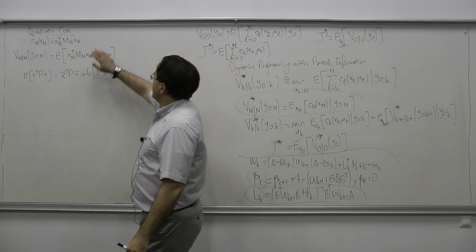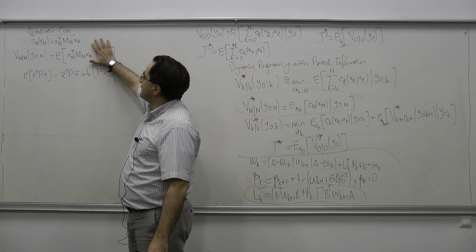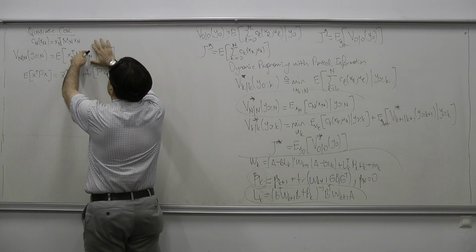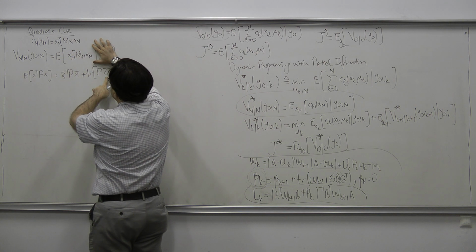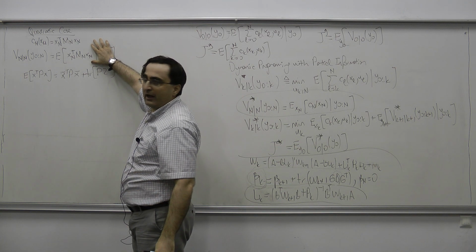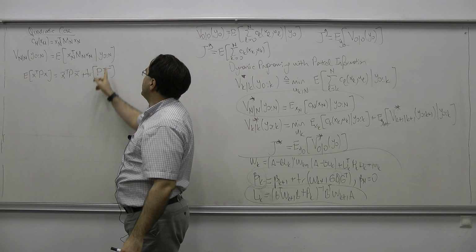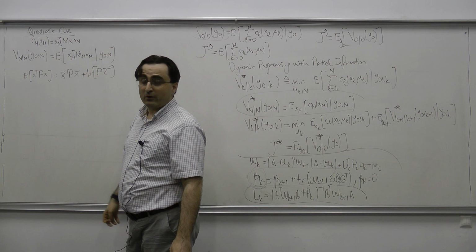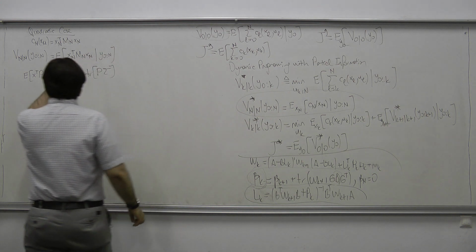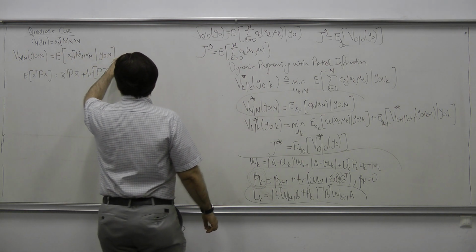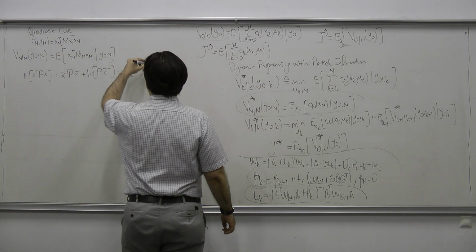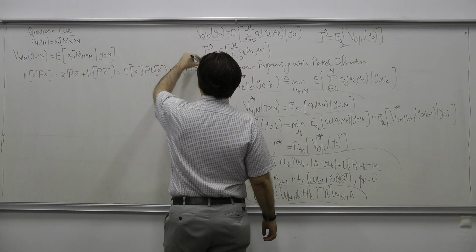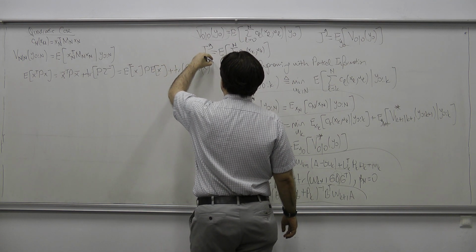Okay? Here, if I had such an expectation without any given condition, I would put here the unconditional mean of this xn, and then I would use the unconditional covariance of xn in my expectation. But here, I had a given condition y0 to n. Okay? So this formula is actually nothing but expected value of x transpose P expected value of x plus trace of P covariance of x. Okay?